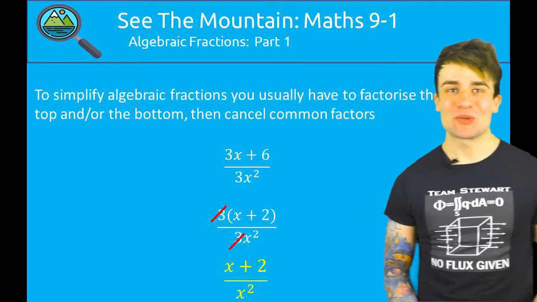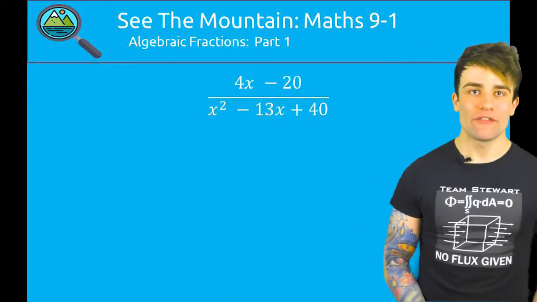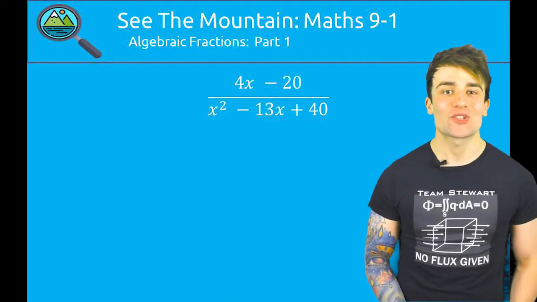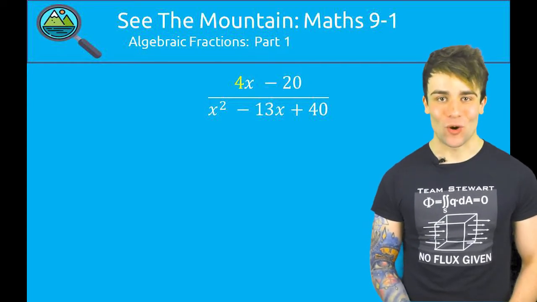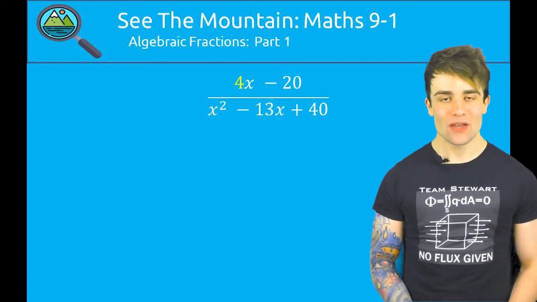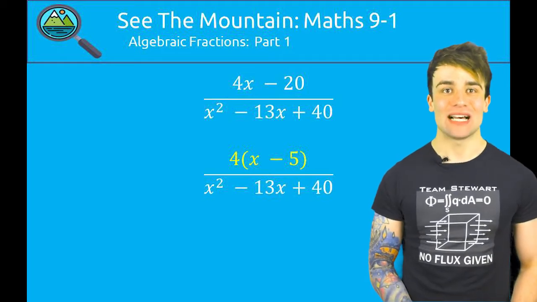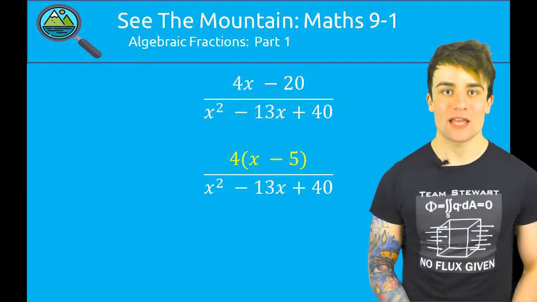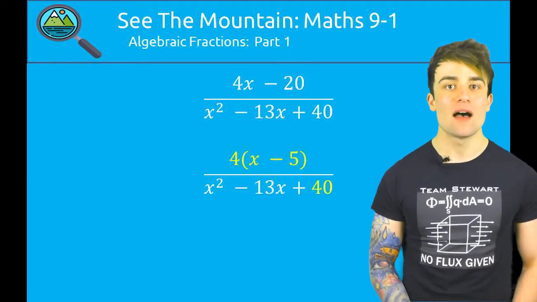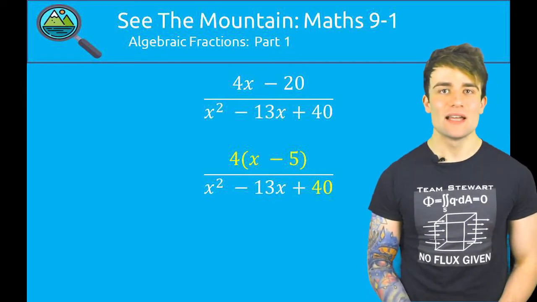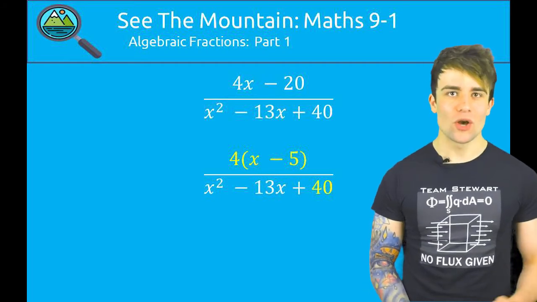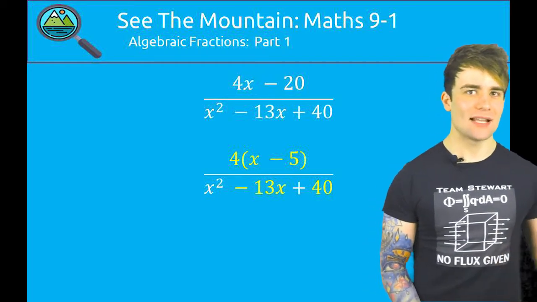Nice one. Right, let's go into something a little bit more tricky then. So we've got 4x minus 20 all divided by x squared minus 13x plus 40. So first step, we're going to take out 4. Take out the 4 gives us 4, open bracket, x minus 5. Then the bottom is a quadratic expression, so we're going to simplify that. First things first, I'm looking at the 40, thinking what two numbers can I times together to make 40, and also add together to make minus 13x.